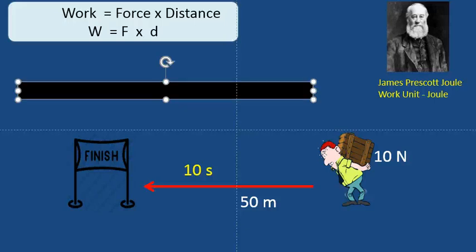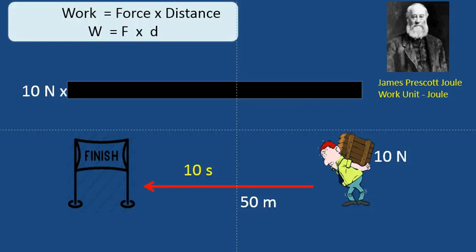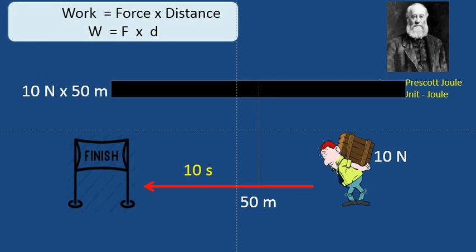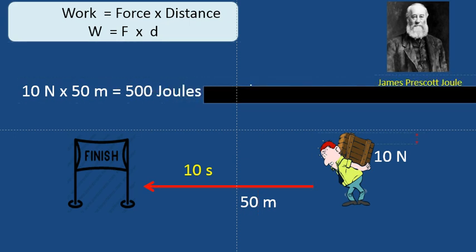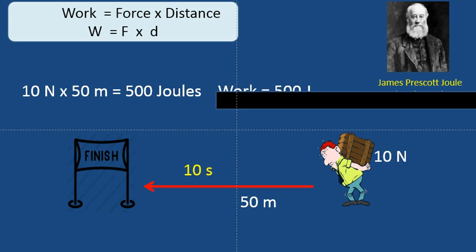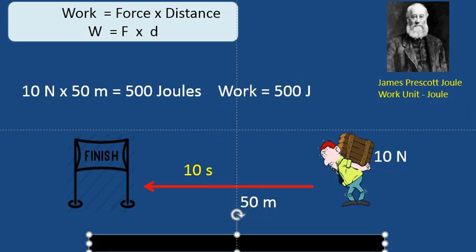So the work done is the force, 10 newtons, times the distance, 50 meters. So force times distance is going to equal 500 joules. The answer is work equals 500 joules. And joule is named after this guy in the corner, James Prescott Joule. The unit for work is a joule.